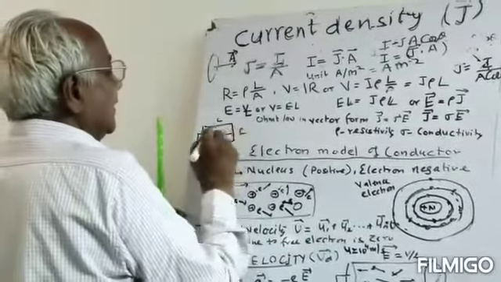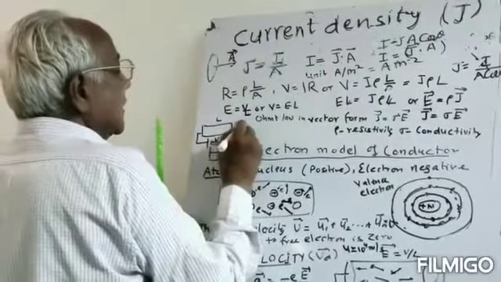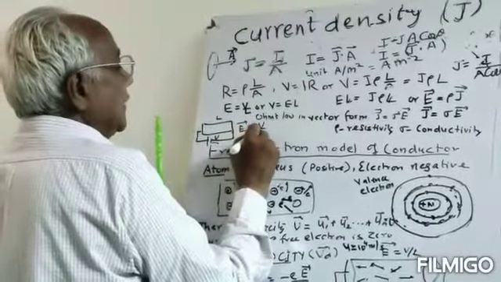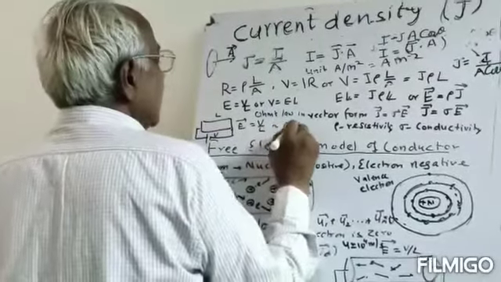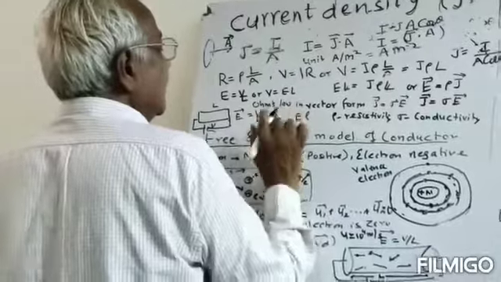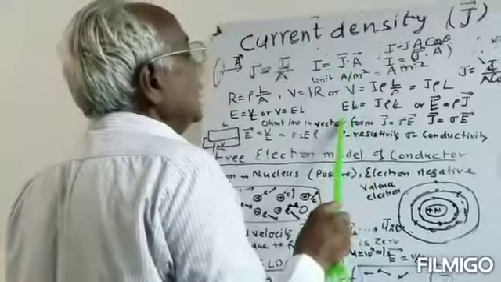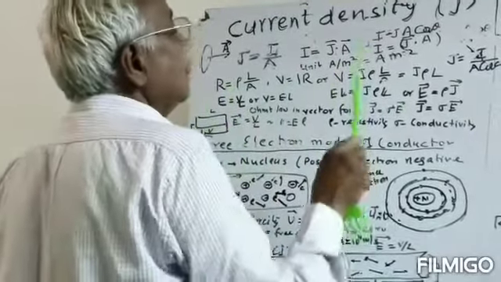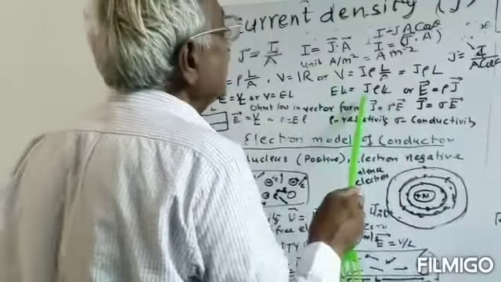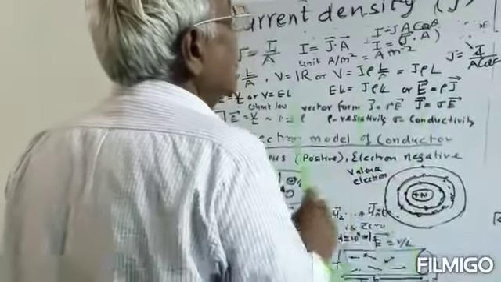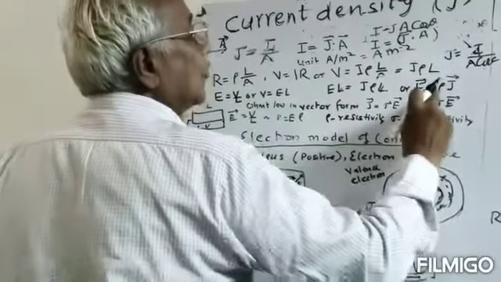Then the electric field, from positive in this direction, will be equal to V divided by L. So we can write V is equal to E into L, which is equal to J rho into L. L cancels, so E will be equal to J into rho. In vector notation, E vector will be equal to rho into J.